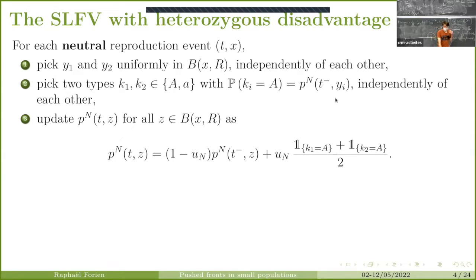The new proportion of capital A allele after the event is 1 minus u times the proportion right before the event, which is the contribution of the individuals who survived, plus u times this ratio, which says that we count 1 if we're adding capital A individuals, 1/2 if we're adding heterozygous individuals, and 0 if we're not adding any capital A allele. So this is neutral reproduction.